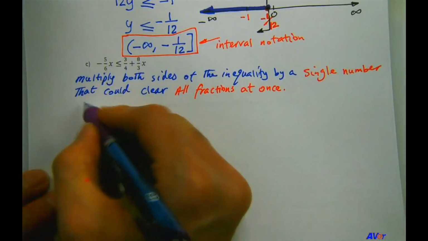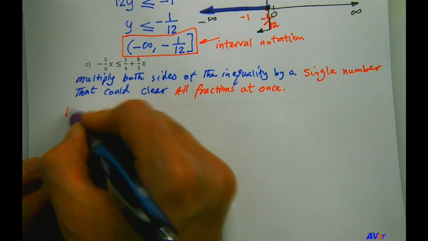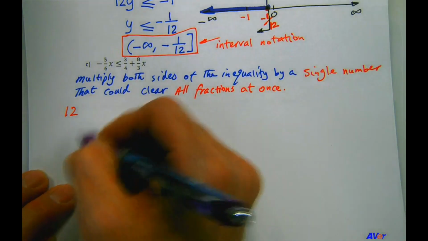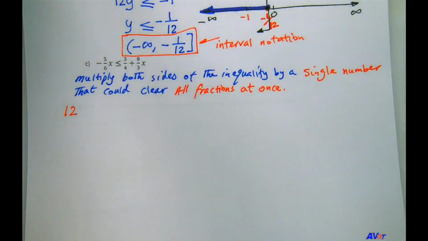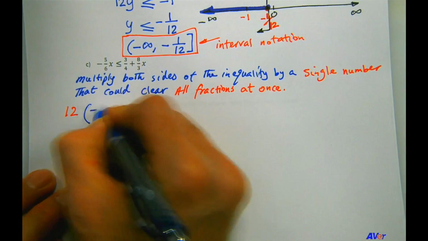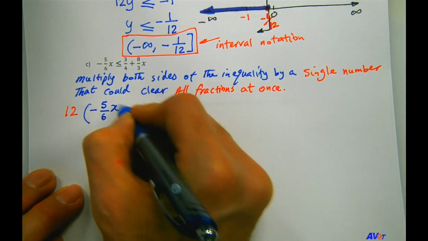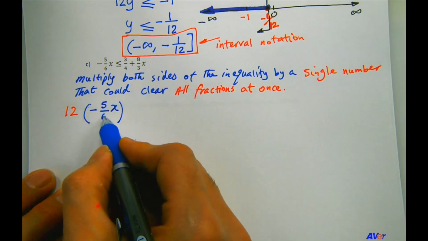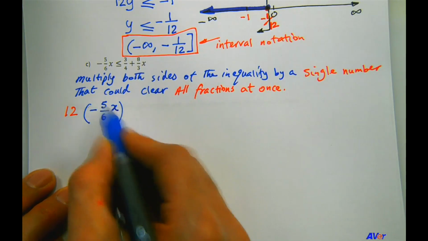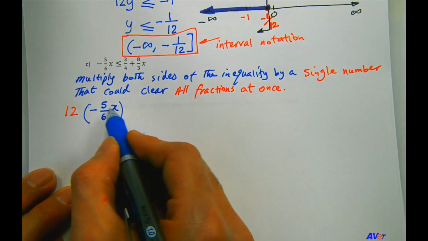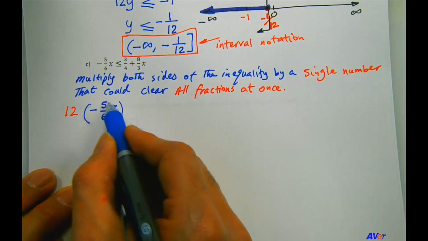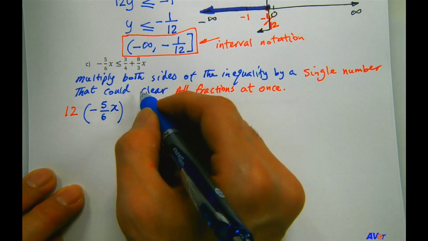So let's do that. So we're going to multiply the left side by 12. 12 times minus 5 over 6x. By the way, if you put the x after the fraction, it's the same thing as saying minus 5x over 6. So this x belongs to the numerator.